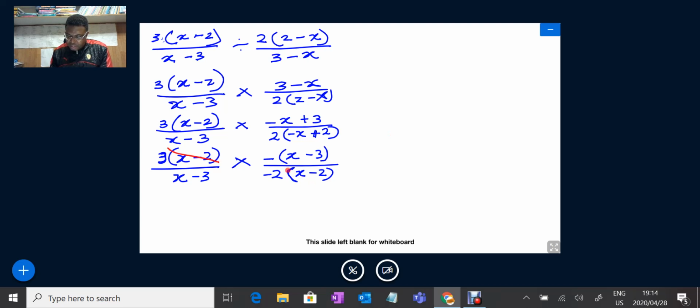This and that goes. This is what I wanted to show you. So we have negative 1 here. The answer is negative 3 over negative 2, which is positive 3 over 2.